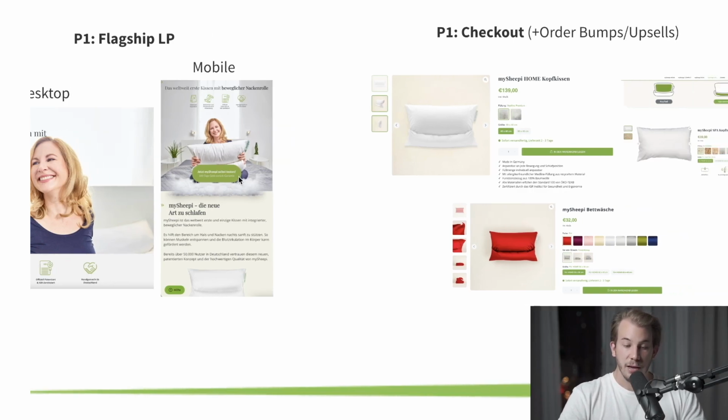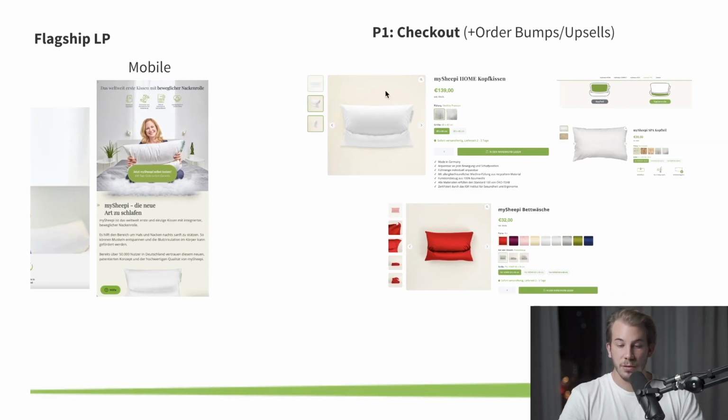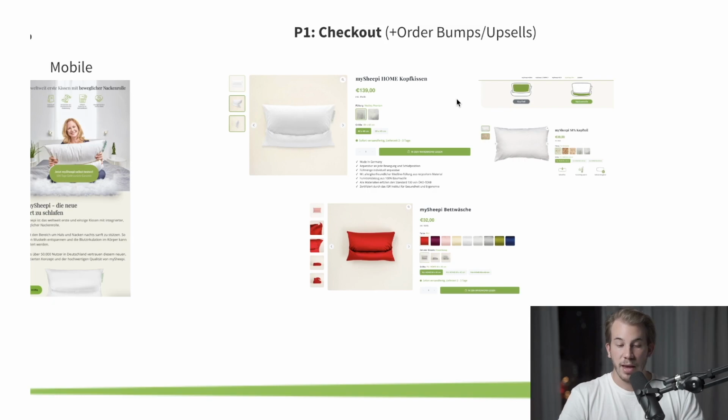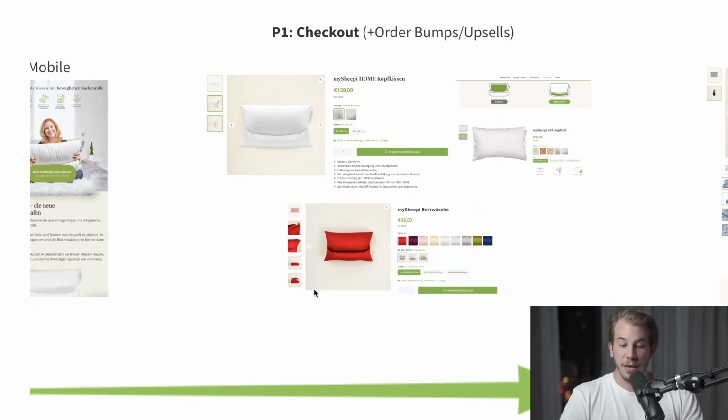If they check out, if they start to go through the process, they can add other stuff. They can maybe add a different color cover to it, maybe purchase a second version for their spouse or their friend. And also there were different sizes. So this 139 product was actually the middle version.